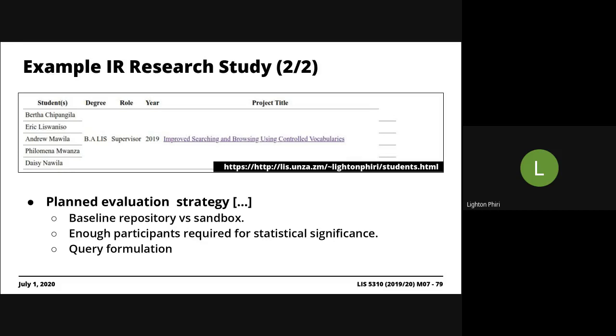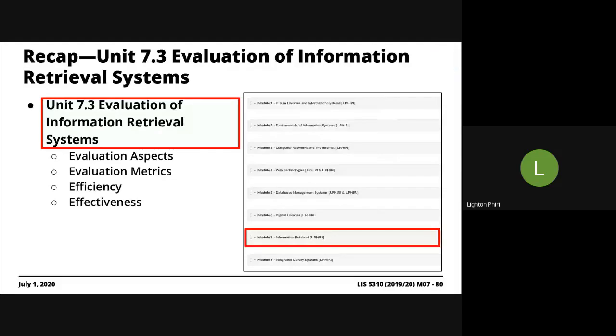All right, so that wraps up this idea of evaluation. We focused on two key evaluation aspects, efficiency versus effectiveness, and we highlighted the fact that effectiveness would typically be subjective because you're dealing with human participants. Efficiency is objective because you're literally dealing with a machine here, right?